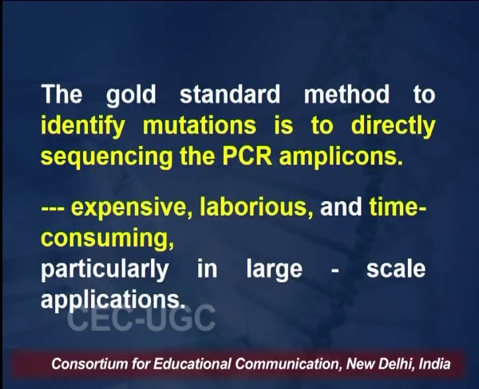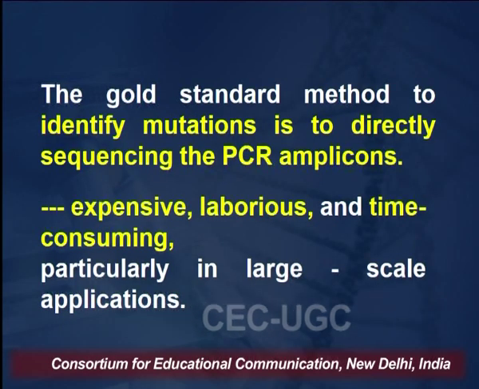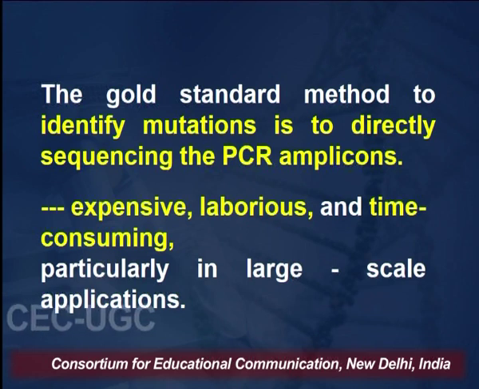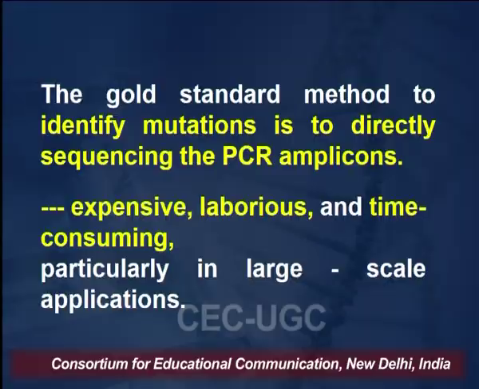The gold standard method to identify mutations is directly sequencing the PCR amplicons. If we understand the basis of these genetic disorders, like I would generally be taking up two examples, cystic fibrosis and sickle cell anemia, and somewhat beta thalassemia as well, these arise by single nucleotide mutations.